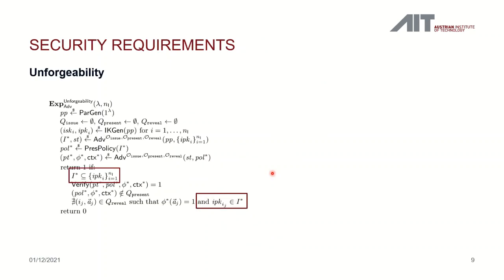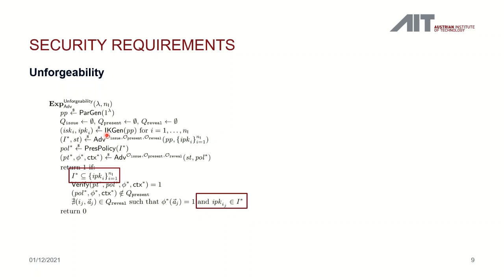So basically we have two security requirements to satisfy: unforgeability and unlinkability. The unforgeability definition is very closely related to traditional ABC systems. So basically we give the adversary the chance to receive as many certificates of his choice from different issuers and to obtain presentation tokens from honest users.